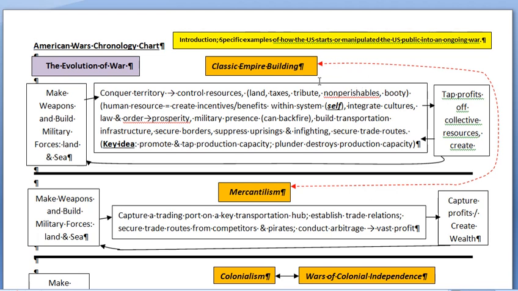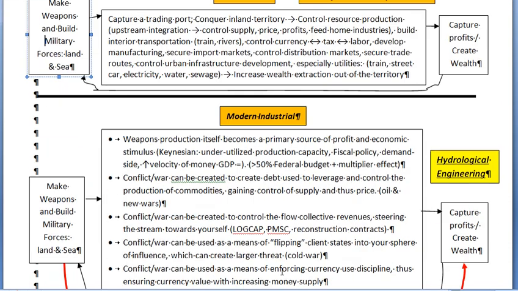We're going to go through classic empire building, then through mercantilism, then through colonialism, including wars of colonial independence, which naturally followed after these, and then modern industrial wars.